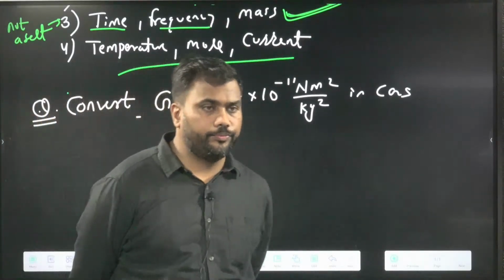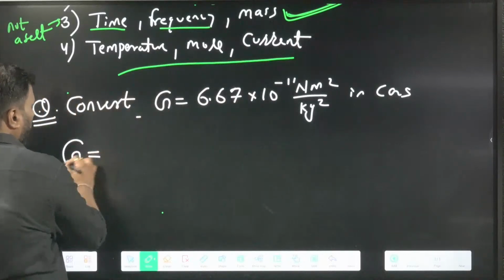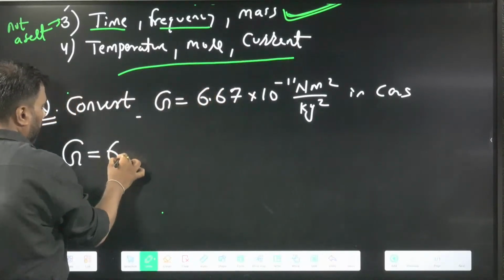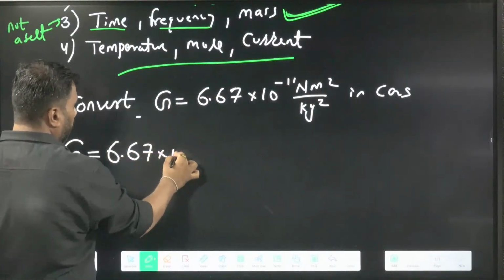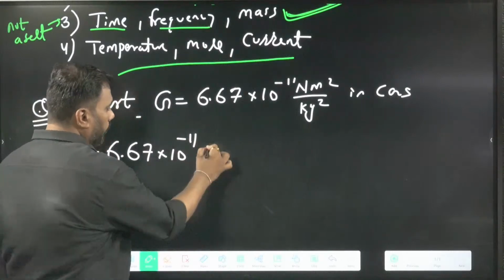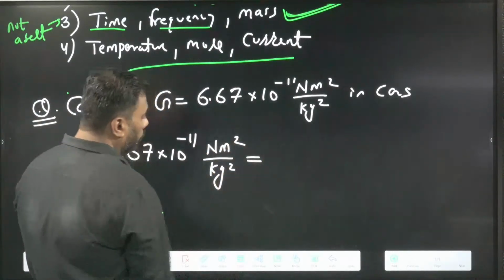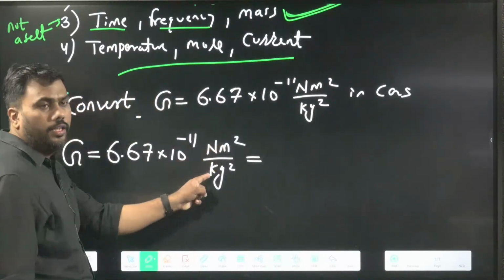Very good, Vijay. You need to convert the value of G into CGS. G is 6.67 into 10 power minus 11 Newton meter square per kilogram square. So we can convert every unit here into CGS.